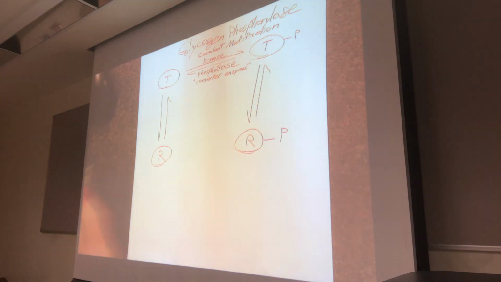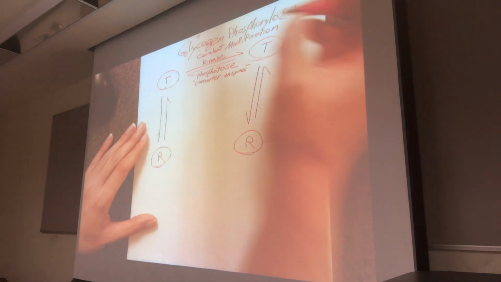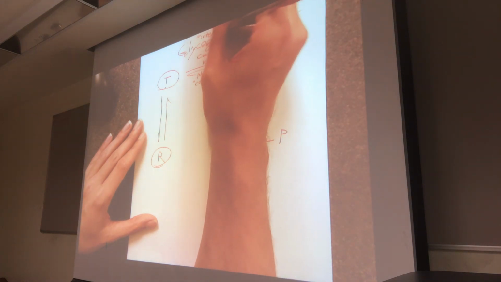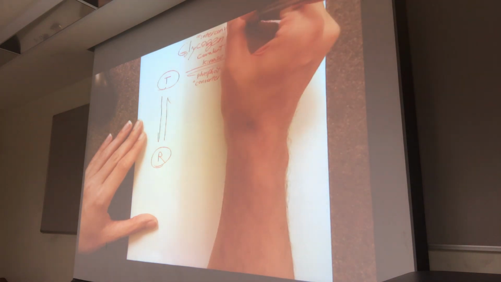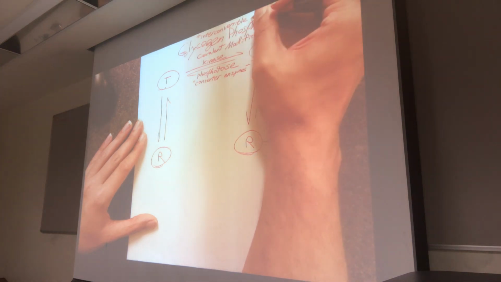So both kinase and phosphatase are converter enzymes. What term would you use to describe the enzyme being modified? Interconvertible is exactly right. So the one being modified, which in this case is glycogen phosphorylase, is the interconvertible enzyme.